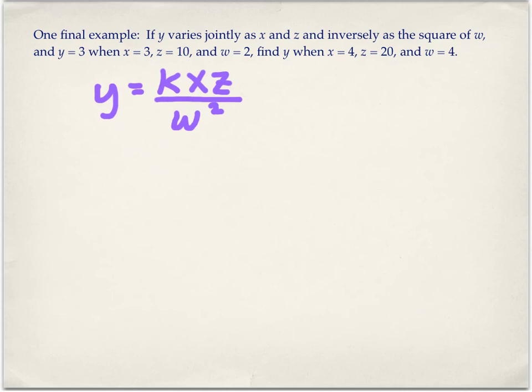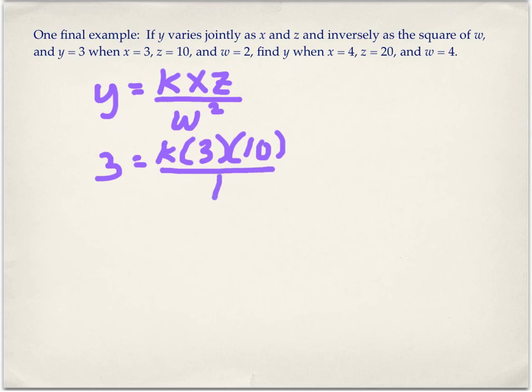Now I'm just going to put in some values to see if I can figure out what that k value is. Sure enough, y is 3. I don't know what k is. I know that x is 3 and z is 10 and w is 2, so that's going to go in the denominator like that.